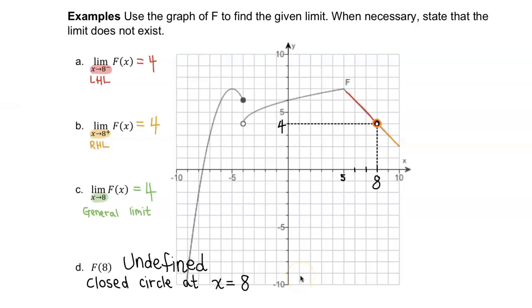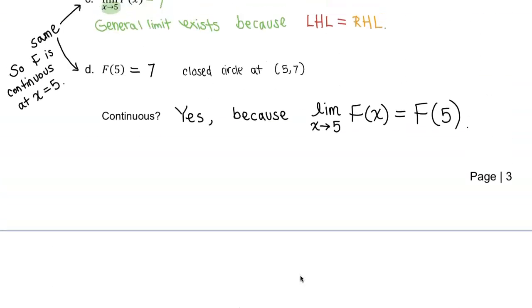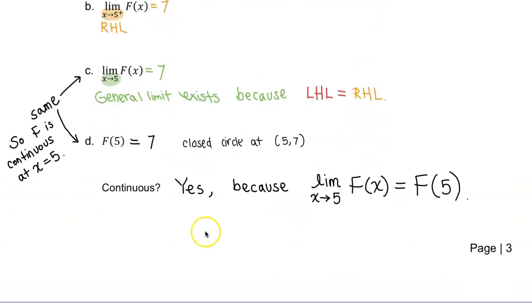Now, for the last question, you have to determine the continuity. For a function to be continuous at a point, we have to compare the limit and the function value. They have to be the same. On the previous page, take a look. On the previous page, the limit was 7 and the function value was 7. Notice they were the same. When the limit equals the function value, we get to say that this function is continuous at x equals 5, okay?